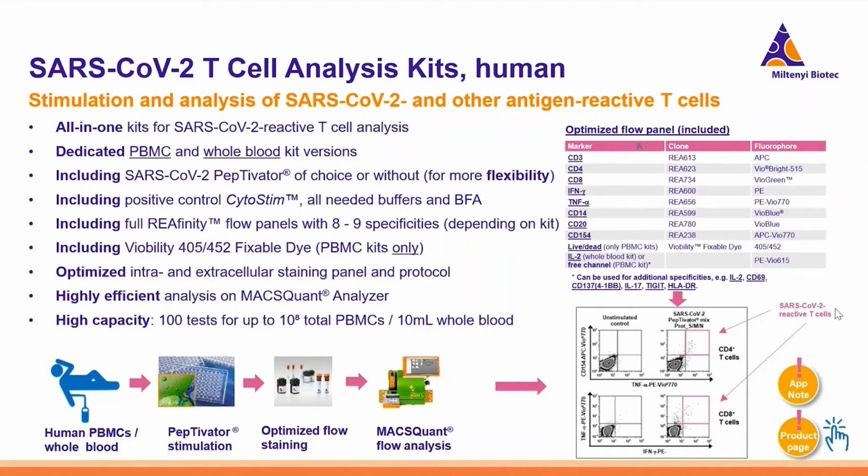As you can see, we can beautifully detect, for example, interferon gamma, TNF alpha, and CD154 expressing SARS-CoV-2 reactive CD4 and CD8 positive T cells after stimulation with a mix of SARS-CoV-2 protein S, protein N, and protein M Peptivators. Of course, also the other markers as depicted here in the panel can be easily assessed on the flow cytometer.